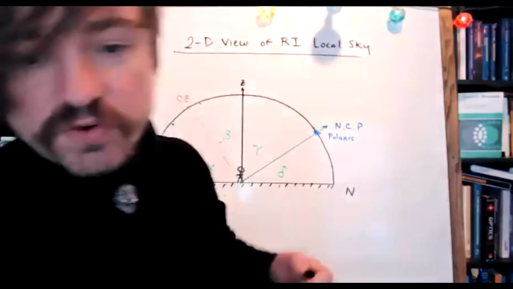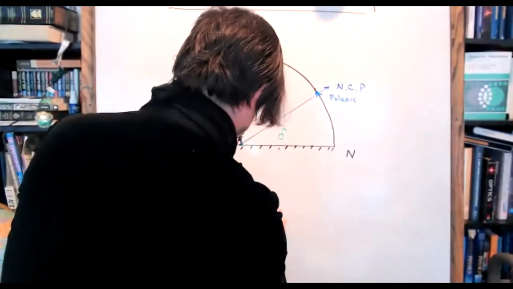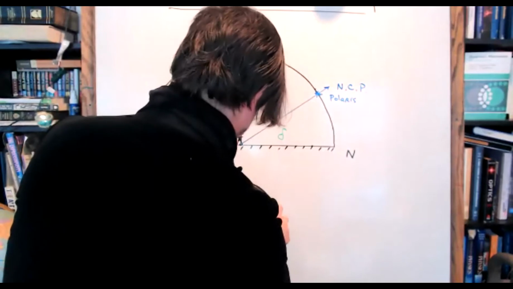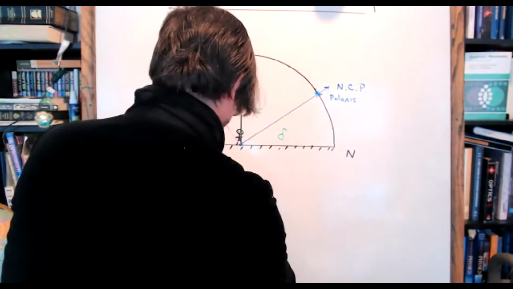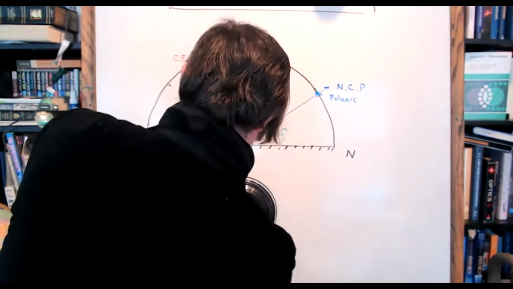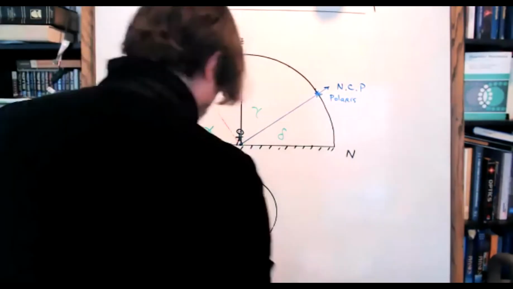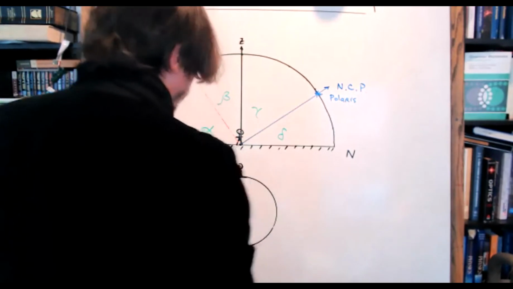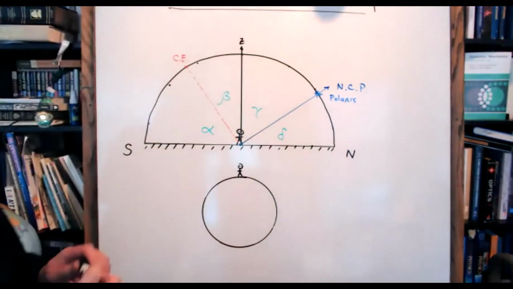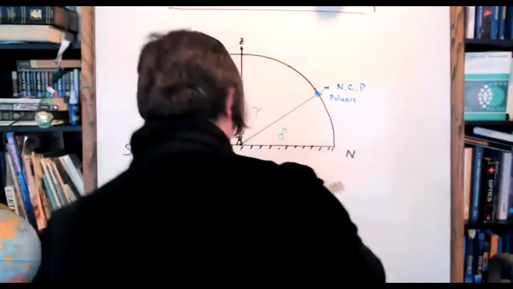Perhaps I could draw the Earth underneath here so you guys can see what's going on. Let me use my Frisbee and let's try to draw Earth underneath this person. So here's the Earth, and I'm going to put the observer standing roughly where the observer is in the field. I'm going to draw Earth's north pole on the diagram here.